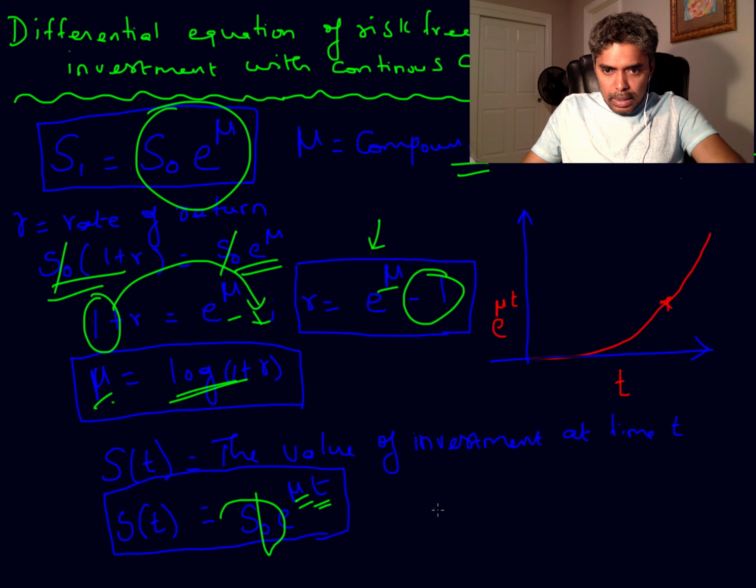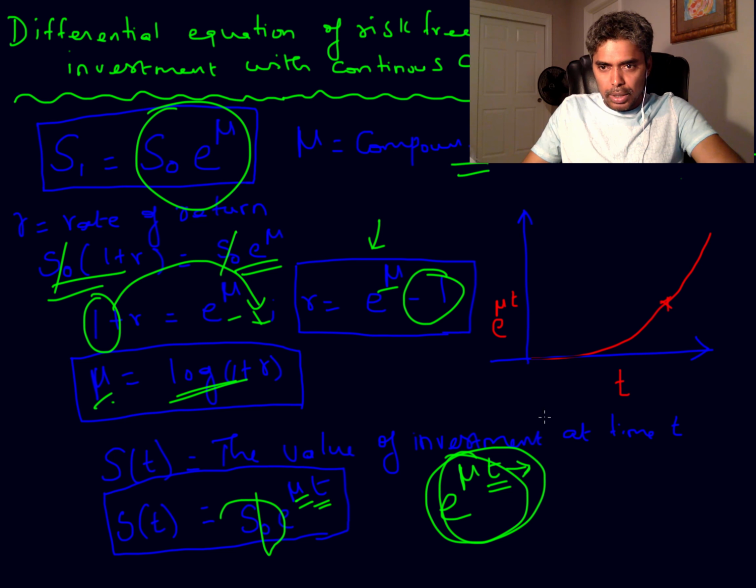Since this is e to the power mu t, as t increases, the value of this term is going to increase exponentially, because this is an exponential curve.